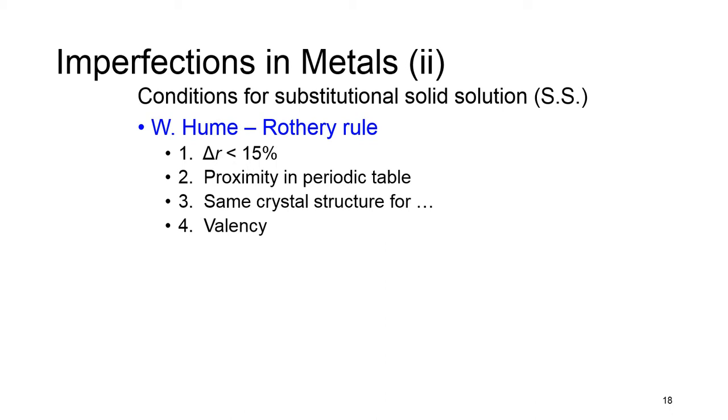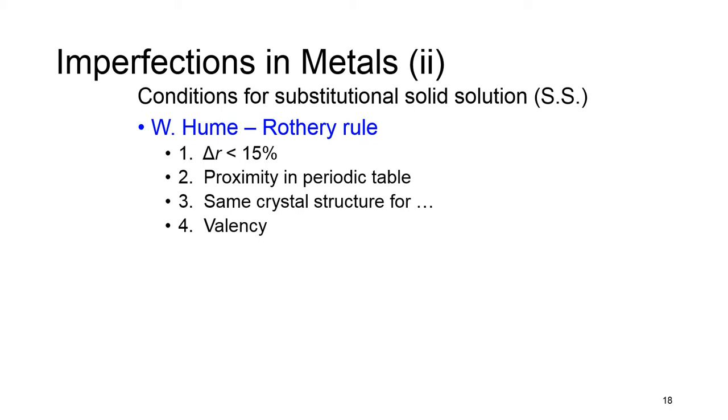The second condition is proximity in the periodic table. As an example, those metals that have similar electronegativities. The third condition is the same crystal structure for pure metals. And the fourth one is valency.